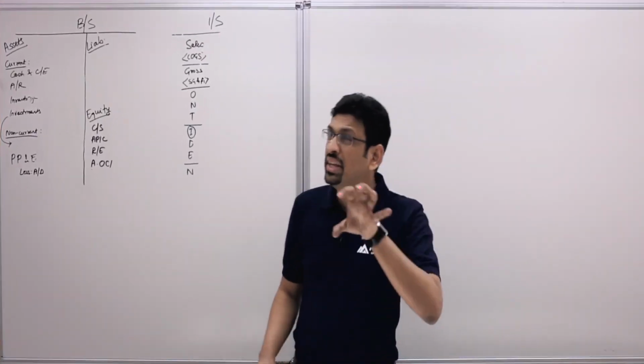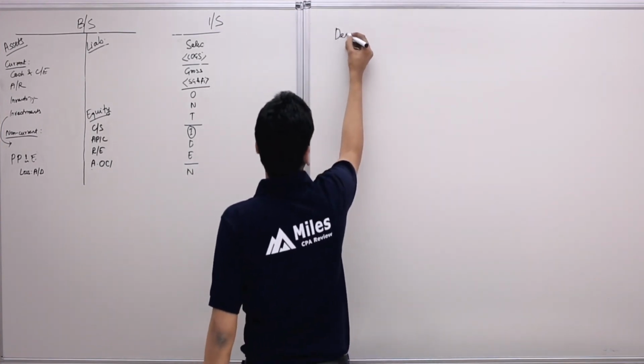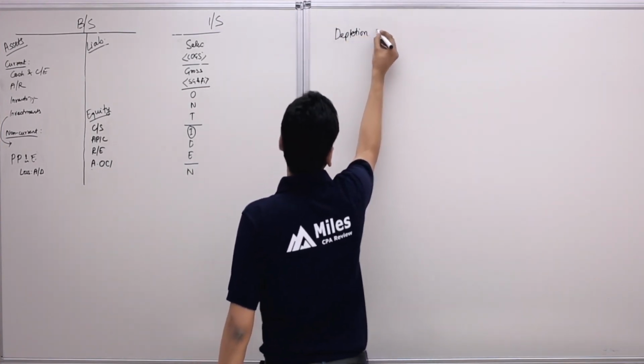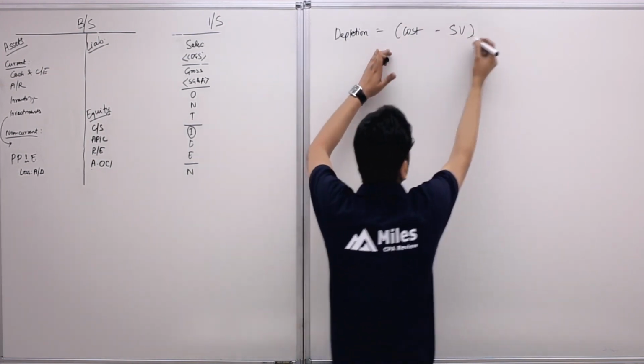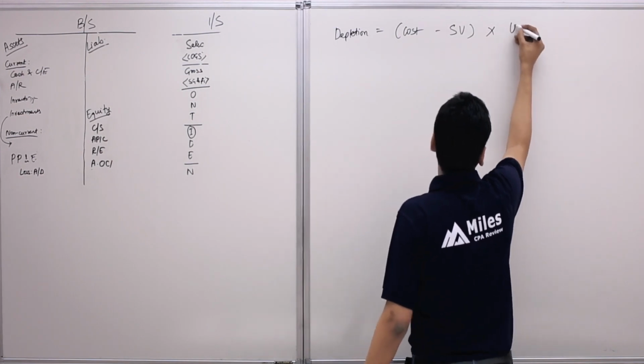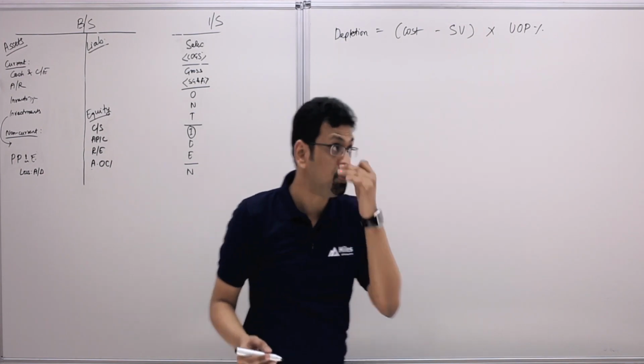Now, we just looked at depletion expense. Let's quickly recap. So we said depletion expense is your cost minus salvage value. That becomes the depletion base into the depletion percentage or the units of production percentage, the amount of extraction that happened each period.